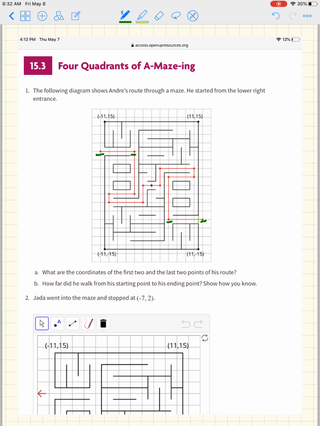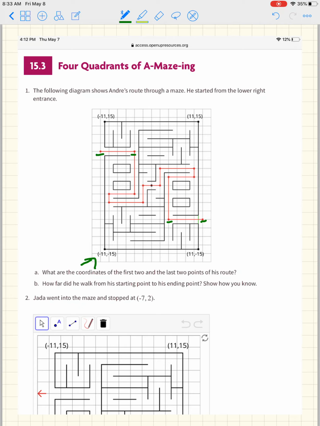However, we do have some information. We know that our x value of this point right here is 11, positive 11. And so that helps us to figure out what that value is. We also know that this value over here is -11. So in order to figure out what our scale would be in our coordinate plane, we kind of need to figure out where our x and y axis would go.